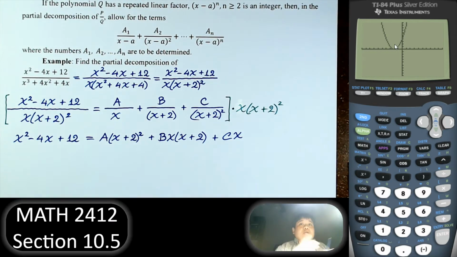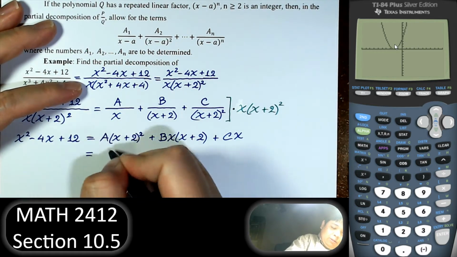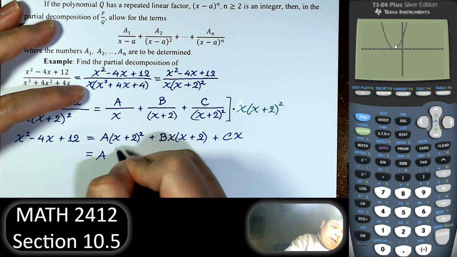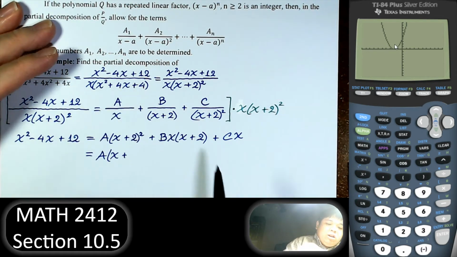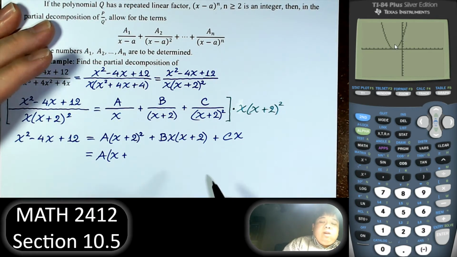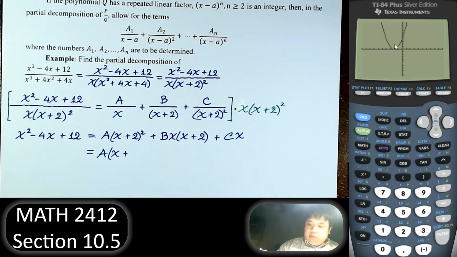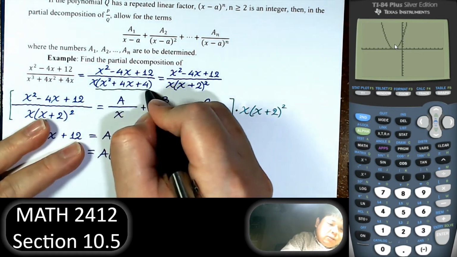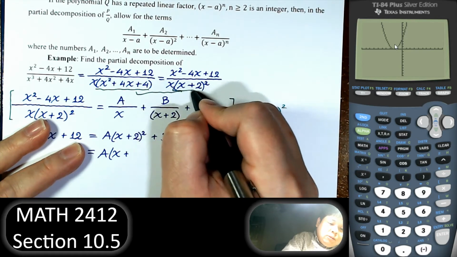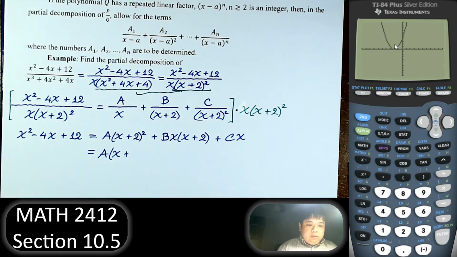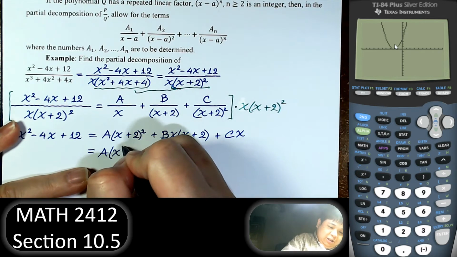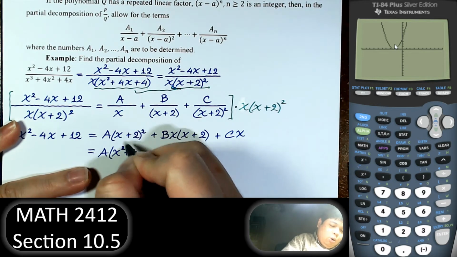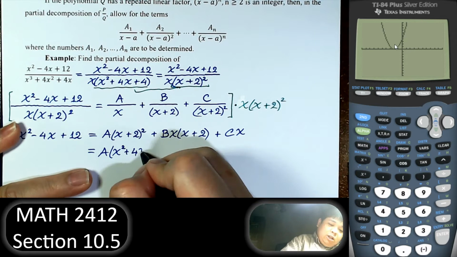Right? Multiply out, combine like terms. X plus 2 squared, of course that equals x squared plus 4x plus 4. That's what we factored. So certainly we can just write that, or we just multiply x plus 2 times x plus 2.